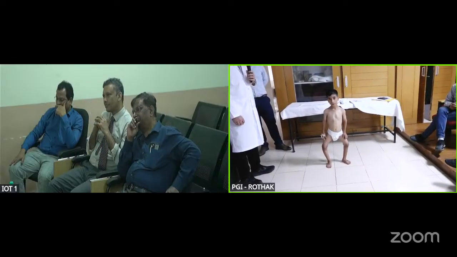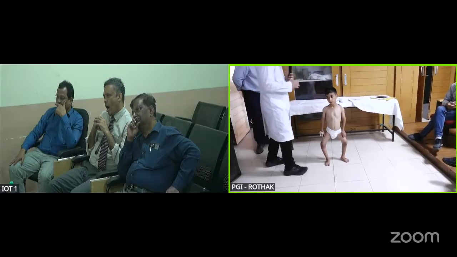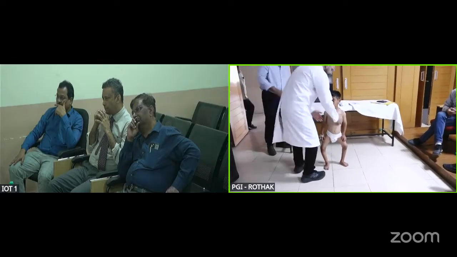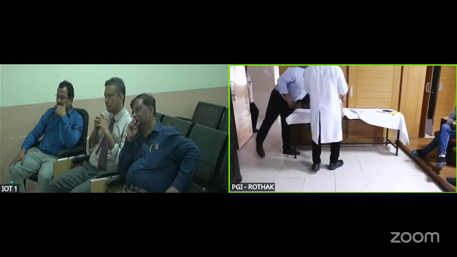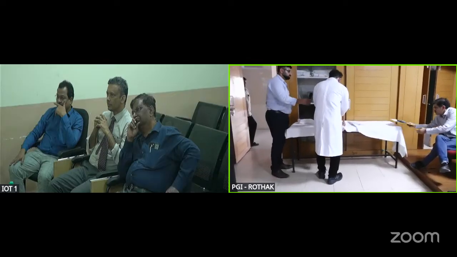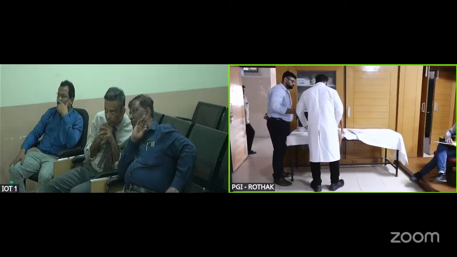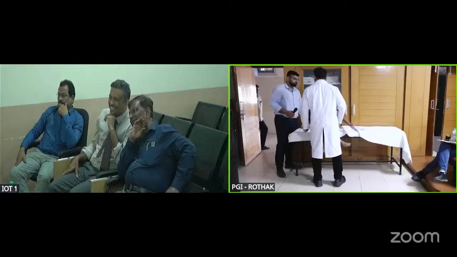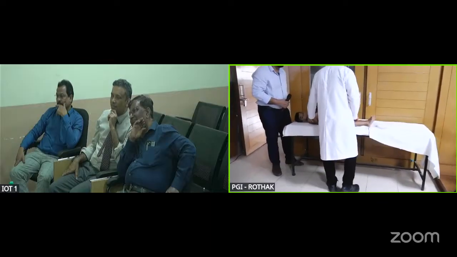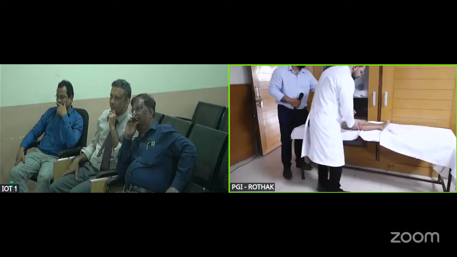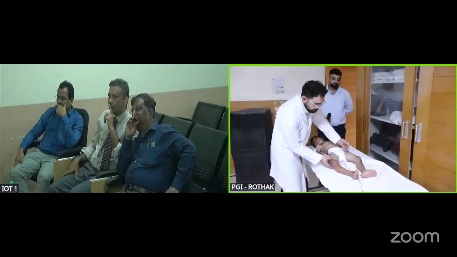Flexion deformities. Can you demonstrate how to check for flexion deformities of the knee? Yes, sir. Demonstrate flexion deformity at the knee.